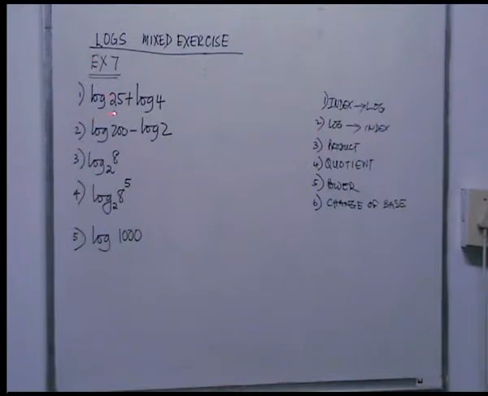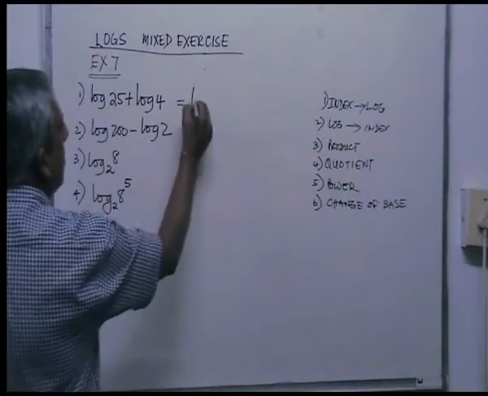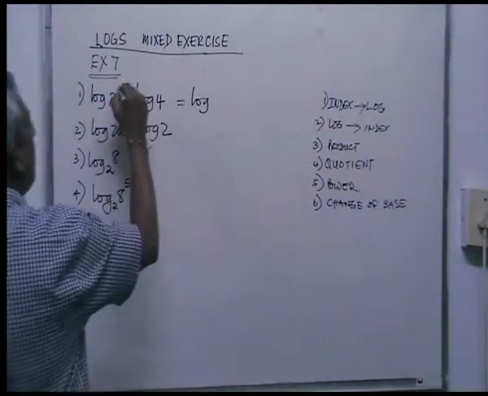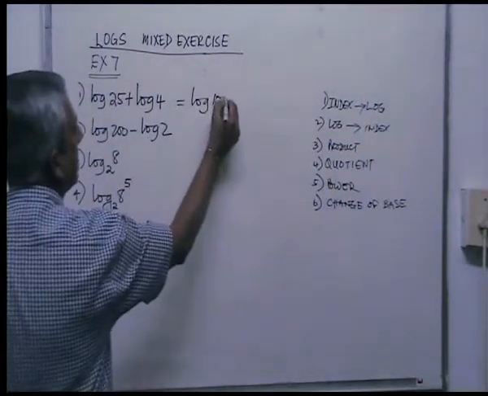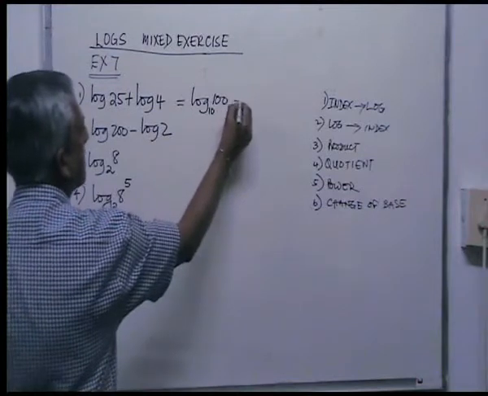So if you look at number 1, clearly number 1 is a product rule. Log of A plus log of B, the bases are exactly the same because the bases are not written. It is understood to be 10 and 10, bases are equal, plus sign, therefore must multiply 25 times 4. So the answer will be log, now 25 times 4 gives you 100 to the base 10.